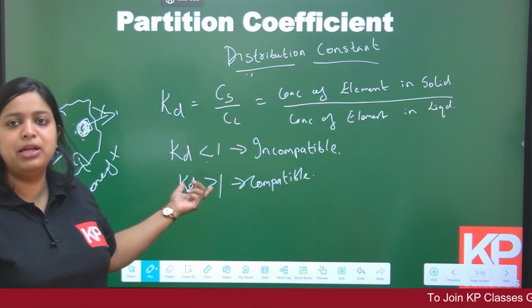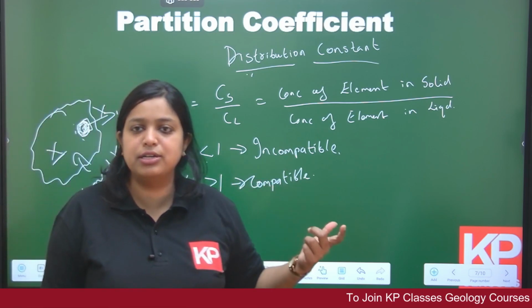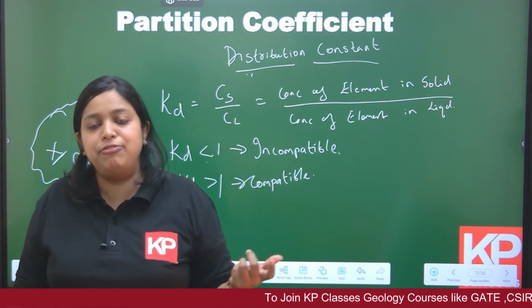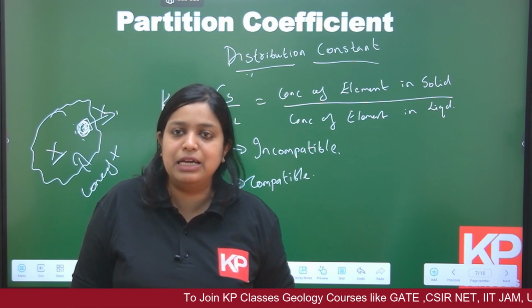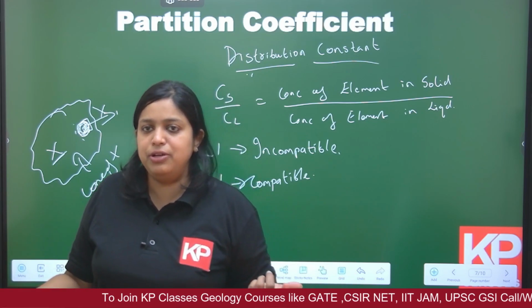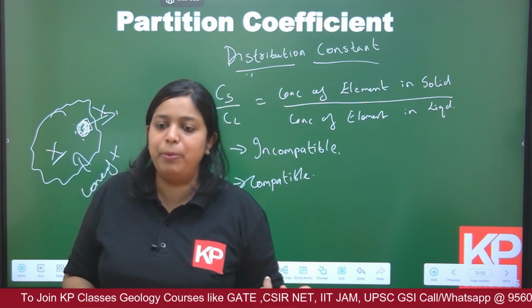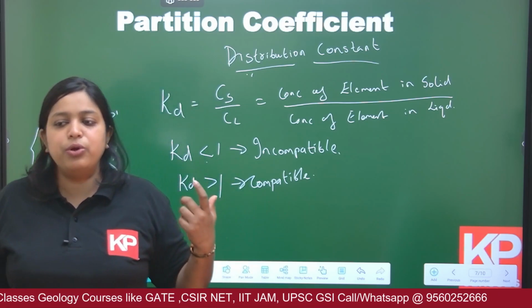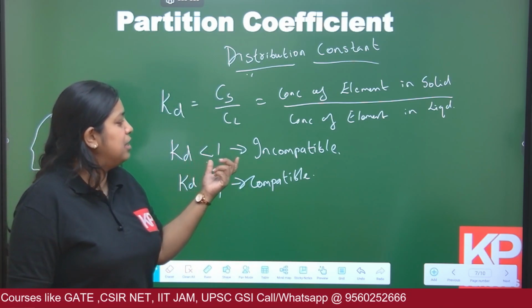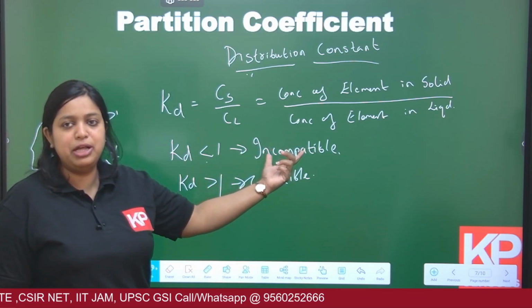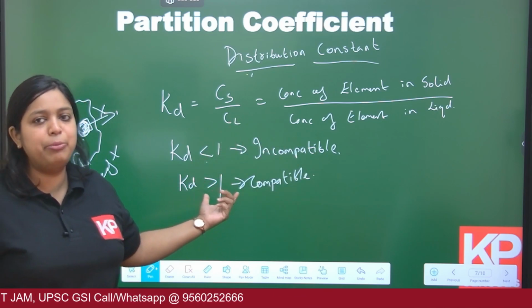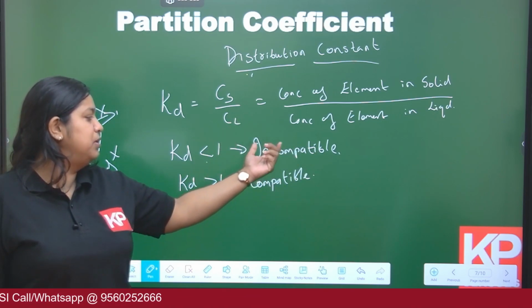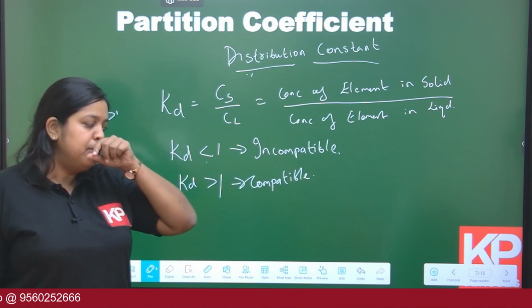That means this element can fit into a crystal structure, and its affinity towards the solid phase is higher than towards the liquid phase. Hence, it is a compatible element. So KD less than 1 means an incompatible element, and KD greater than 1 means a compatible element.